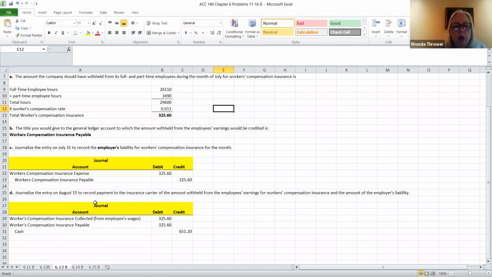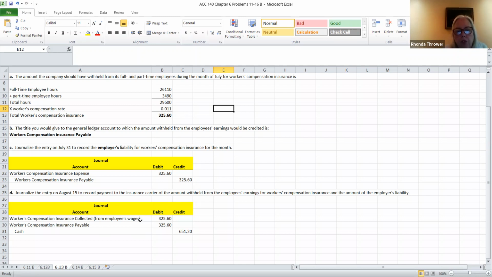This is when we're going to turn over the workers' compensation insurance to an insurance carrier. So what we're going to do is create and debit an account called workers' compensation insurance collected. This is an amount that you've collected from the employees' wages. So the employees owe this amount, and the employer also owes the same amount. Remember, we credited the employer's workers' compensation insurance payable on July 31st.